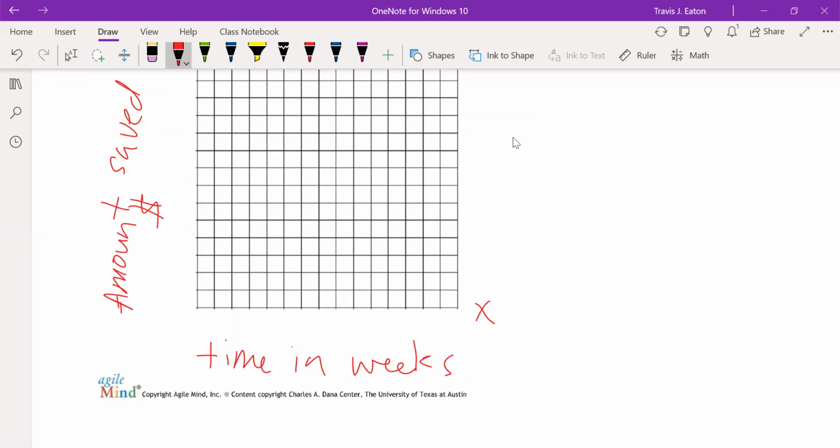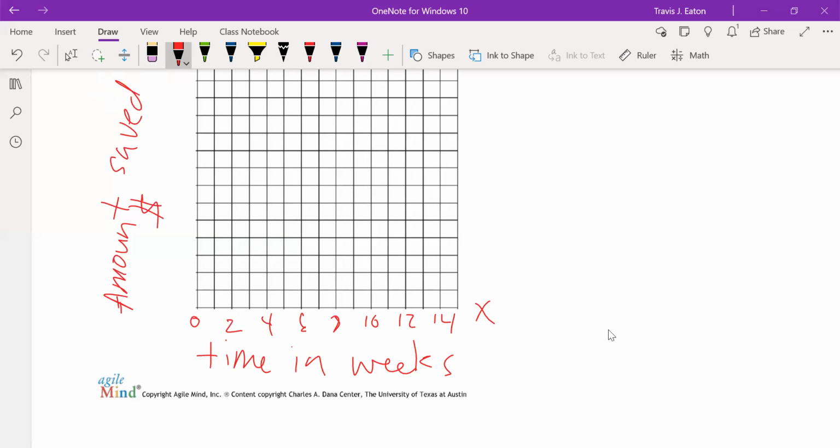Now we want to label our lines for our grid. Because of the confines of space, my scale for the x-axis is going to be 1, but as you can see, I'm skipping every other line just to make life easier.